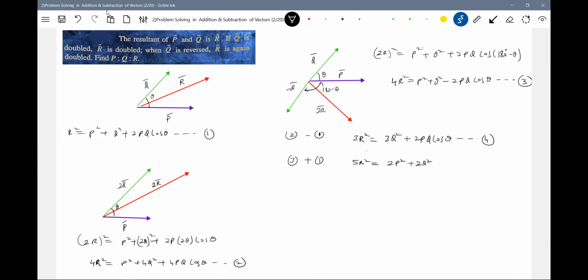Therefore P square plus Q square equals 5R square by 2. Why are we doing all this? To get the ratio, I should bring P in terms of R and Q in terms of R. Then only I can do something new. This equation we'll call equation 5.